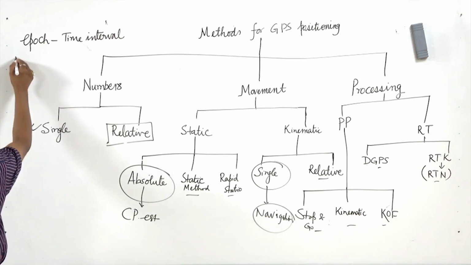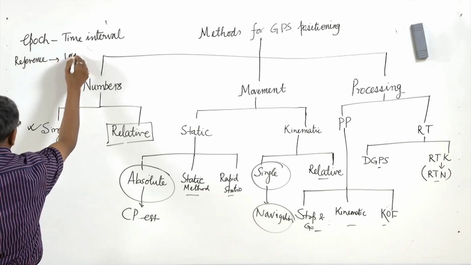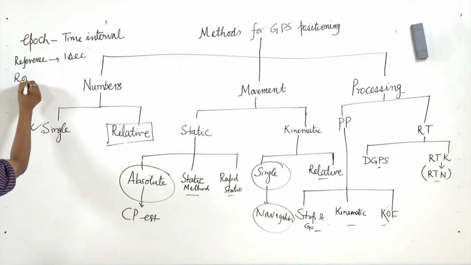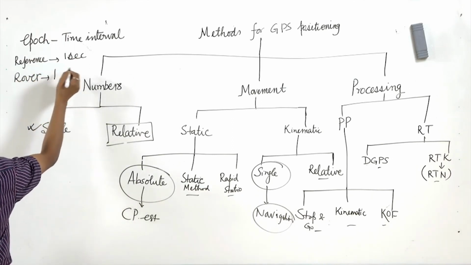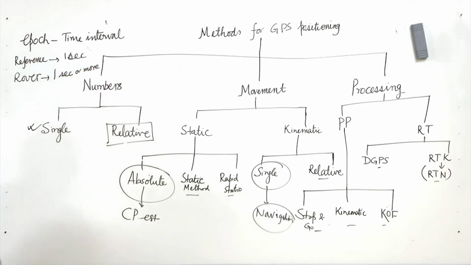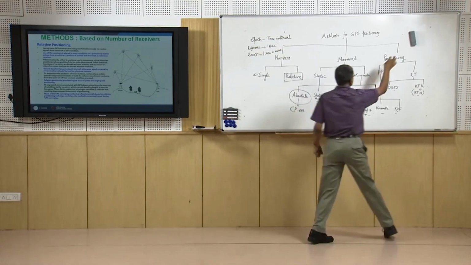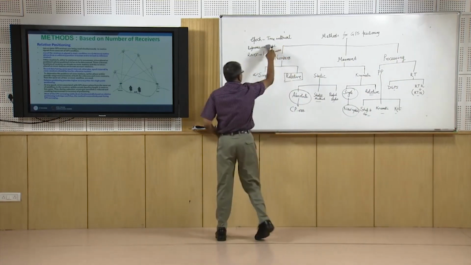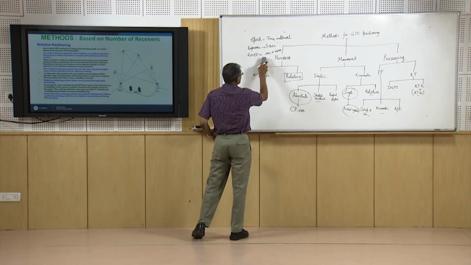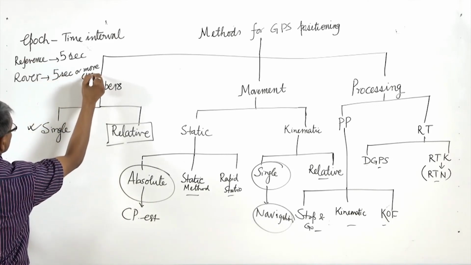So for reference, suppose the epoch is 1 second, then the epoch of rover should be 1 second or more, that means 2 seconds, 3 seconds, etc. Now suppose the epoch of reference is 5 seconds, then the epoch of rover should be at least 5 seconds or more, that means 10 seconds or something like that.